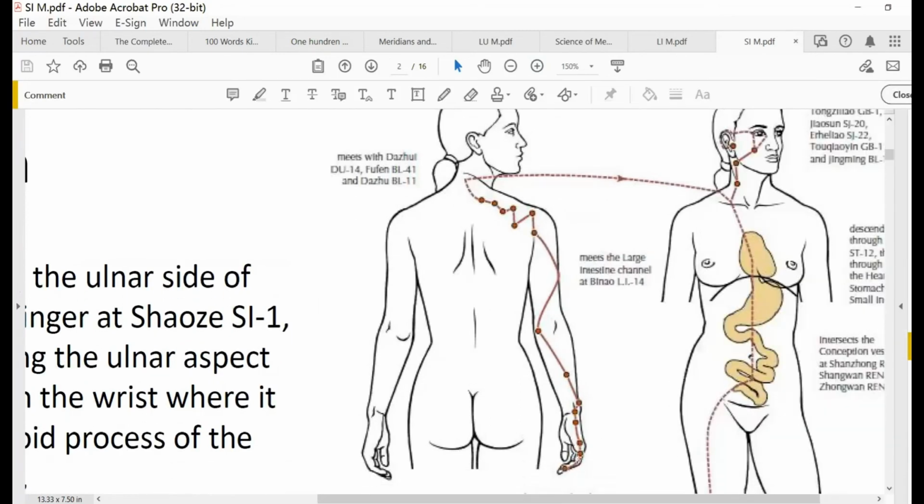See the little finger, the pinky, that's the posterior, the back.